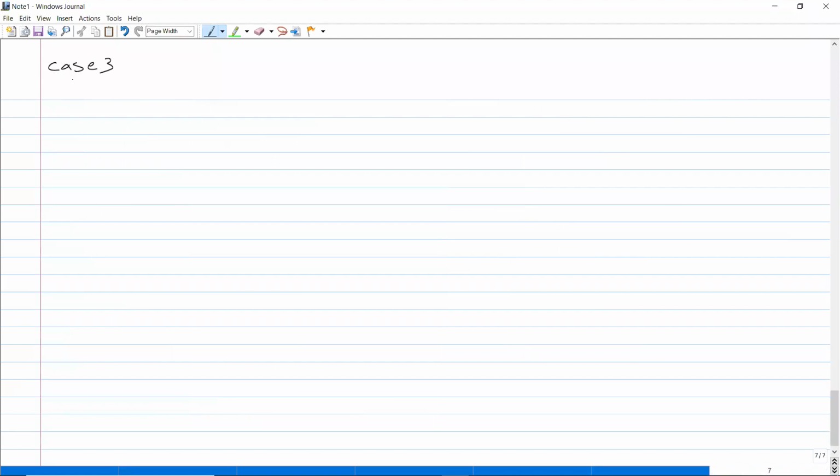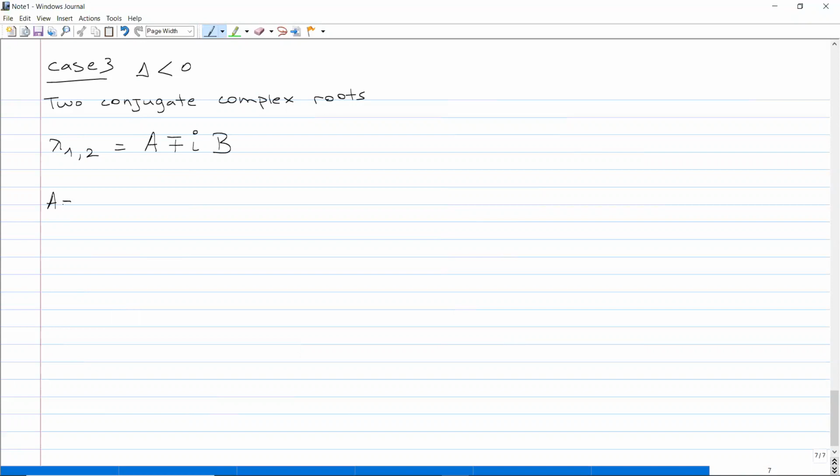The third case is when the discriminant is negative. It means we have two conjugate complex roots, lambda 1, 2, with a real part, let's say a, plus or minus i times the imaginary part.